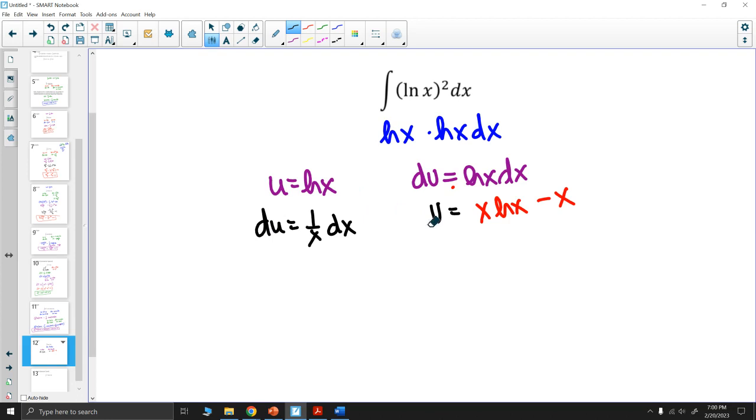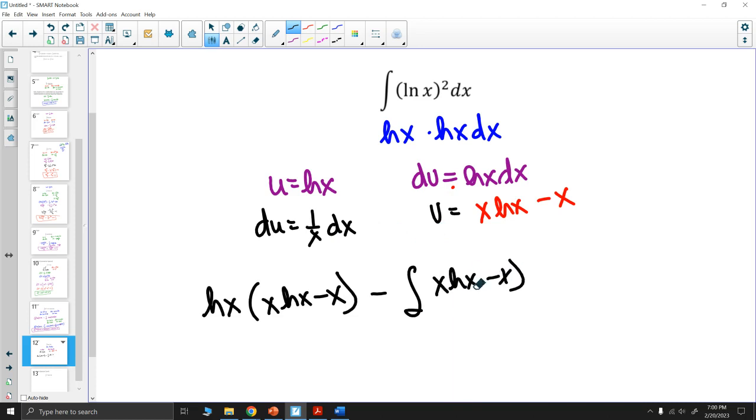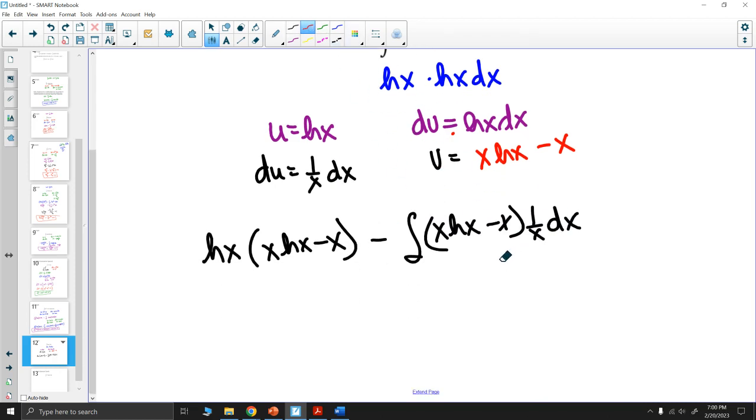We have uv, so ln of x times v, x ln x minus x, minus the integral of v du. So that's x ln x minus x times 1 over x dx. The 1 over x will cancel out both of these x's, and we have minus the integral of natural log of x minus 1 dx.